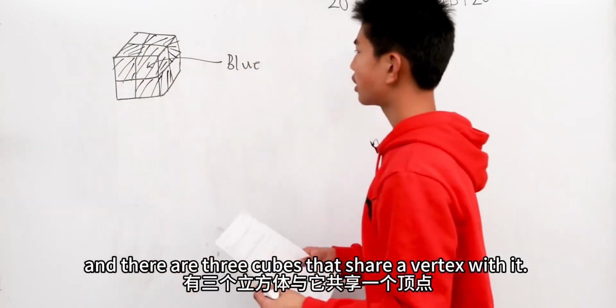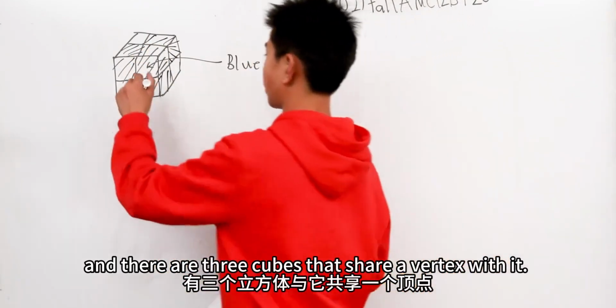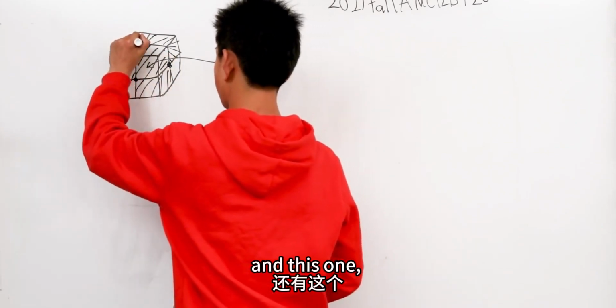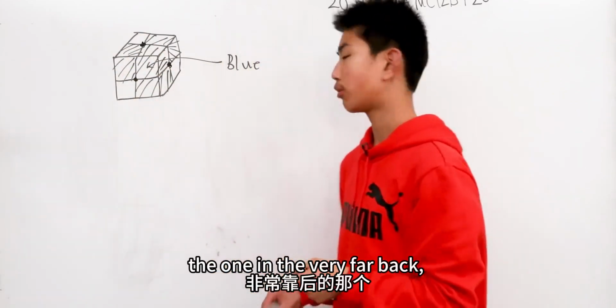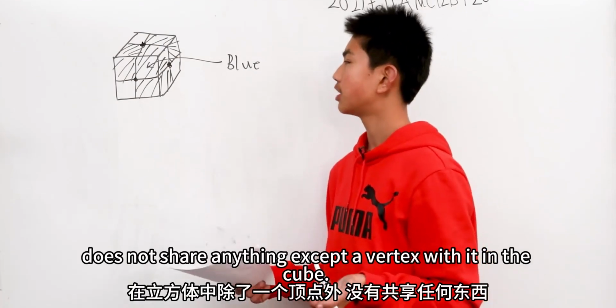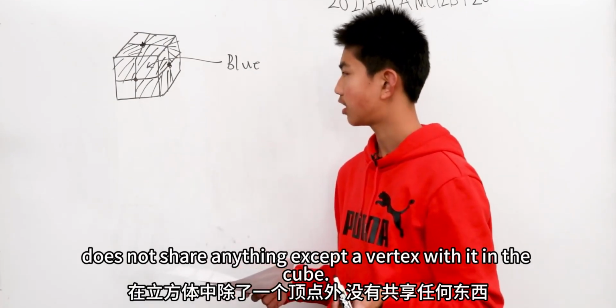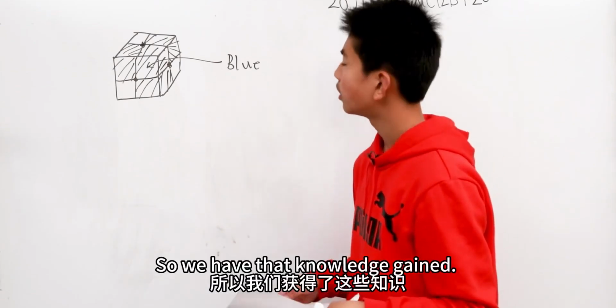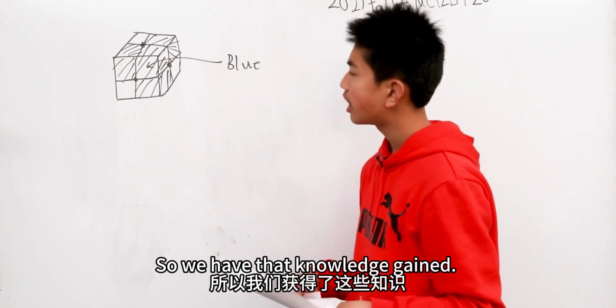And there are 3 cubes that share a vertex with it: this one, and this one. Only one cube, the one in the very far back, does not share anything except a vertex with it in the cube. So we have that knowledge gained.